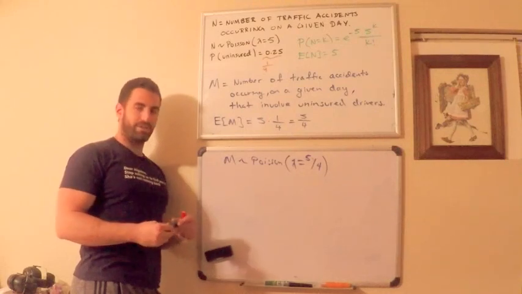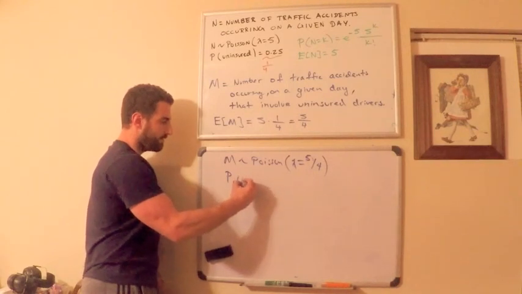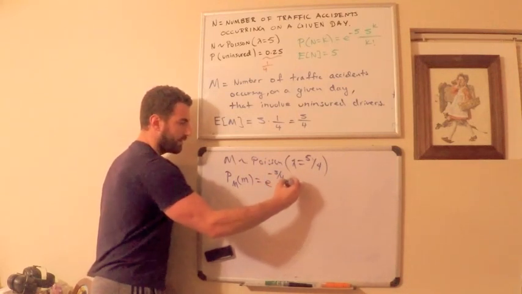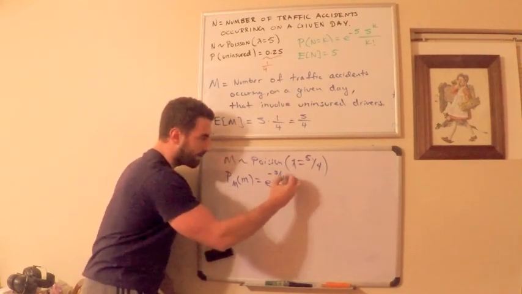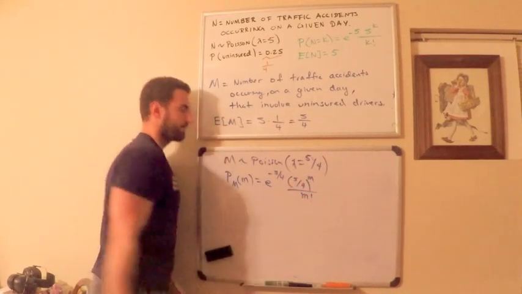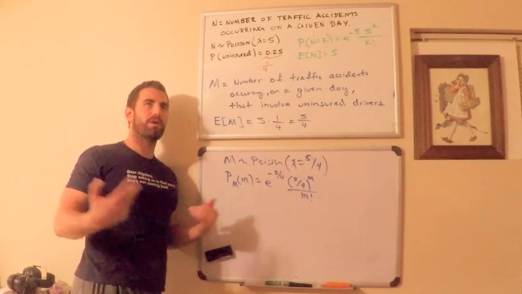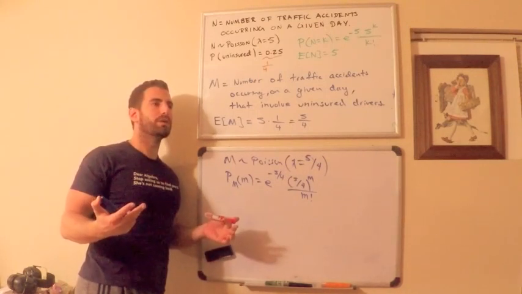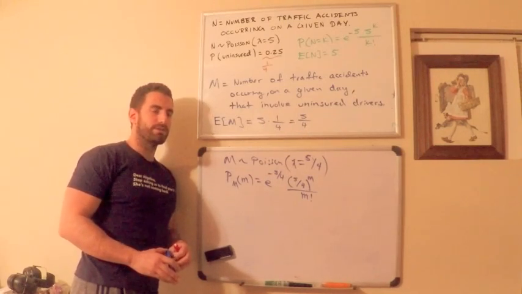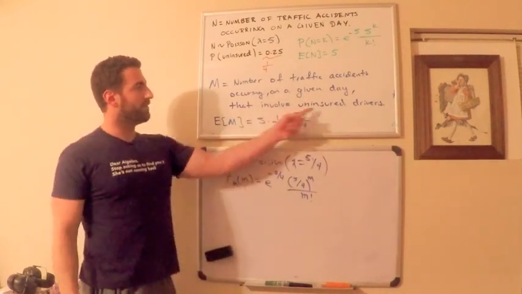Let's write down our distribution function and what we're looking for. Our distribution function, P_m of m, is equal to e to the negative 5/4 times 5/4 to the power m, divided by m factorial. What are we looking for? We want the probability that the number of traffic accidents on a given day that involve uninsured motorists is 0.